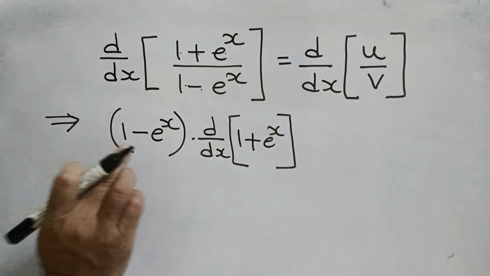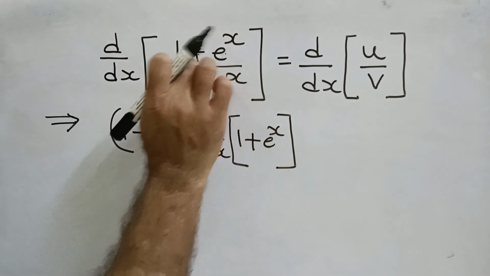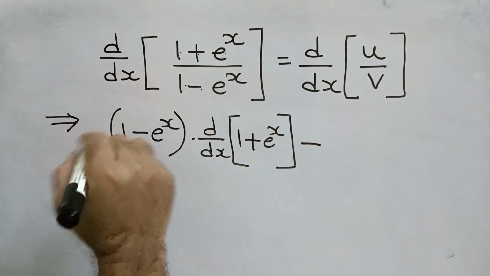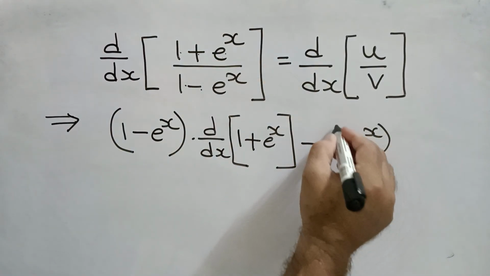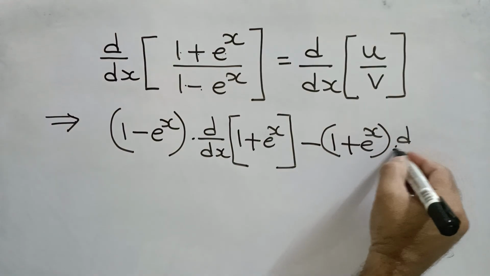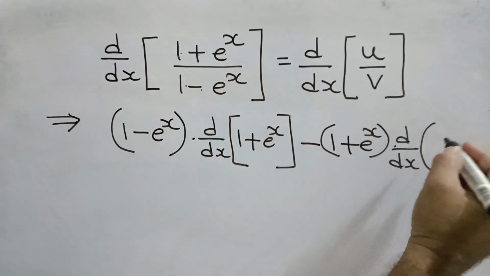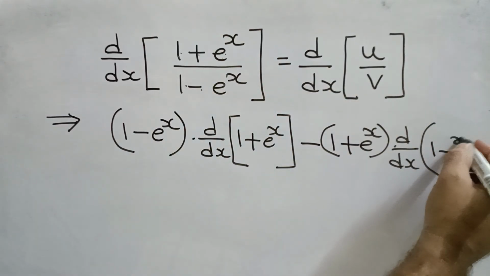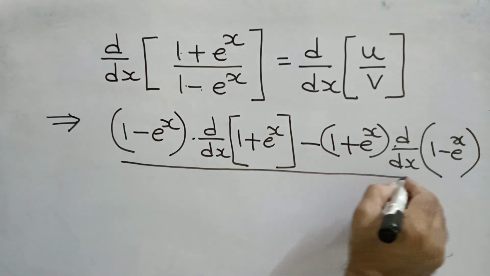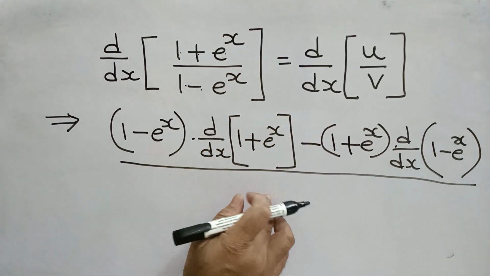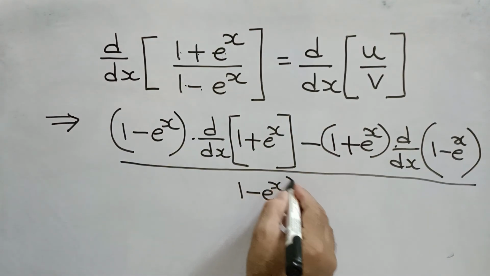Okay. This is v into du, minus u, which is 1 plus e power x as it is, into d by dx of v, which is 1 minus e^x, by v square. What is v square? 1 minus e power x whole square.